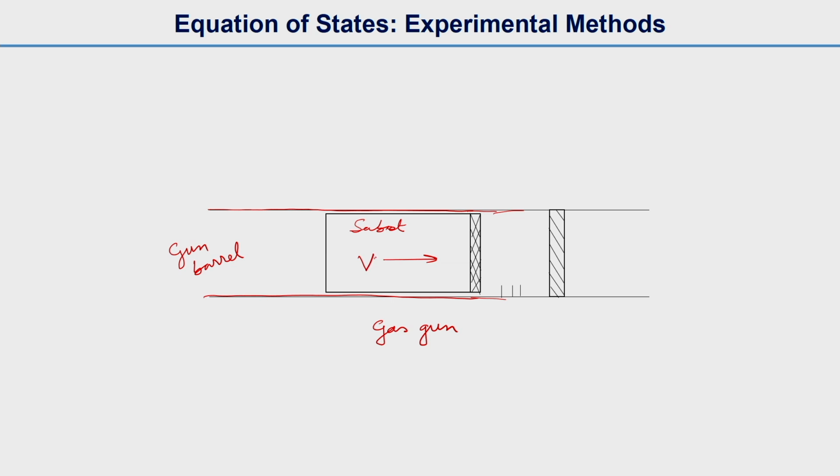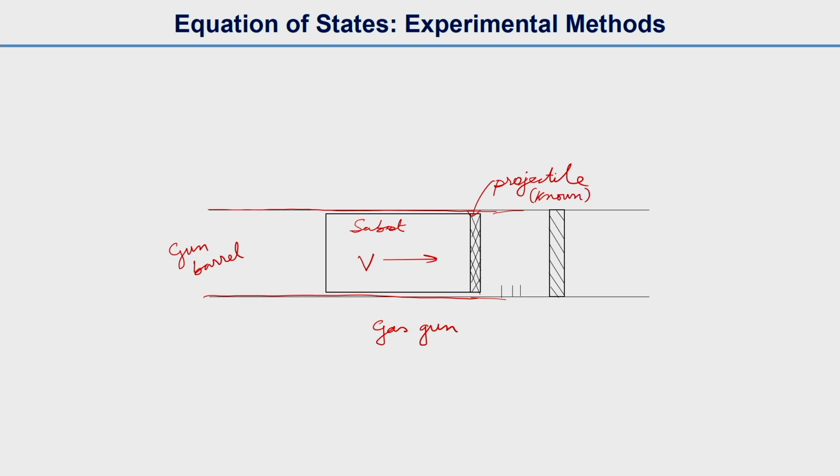It's moving at a velocity v, and this is the projectile, or if you have a flyer plate, this is the flyer plate. So the projectile is known.